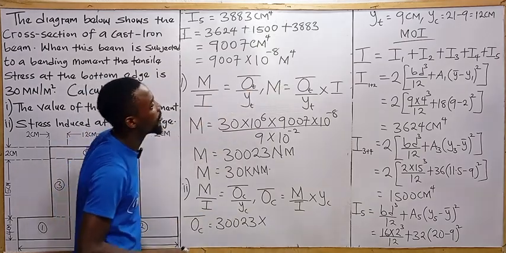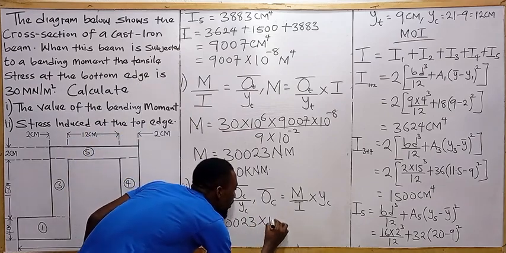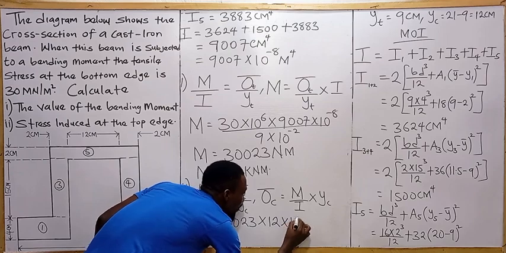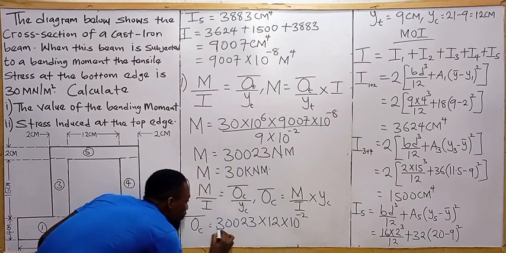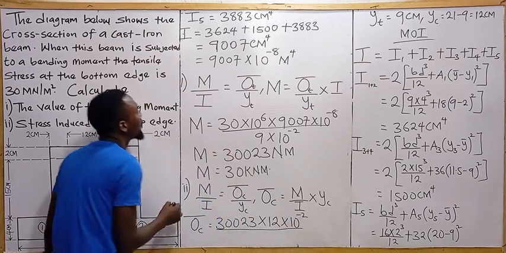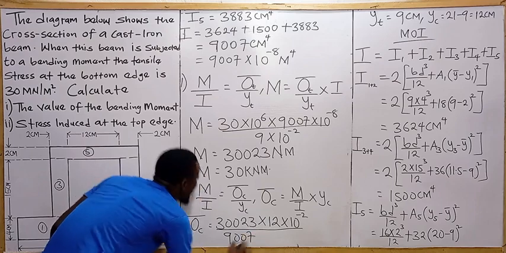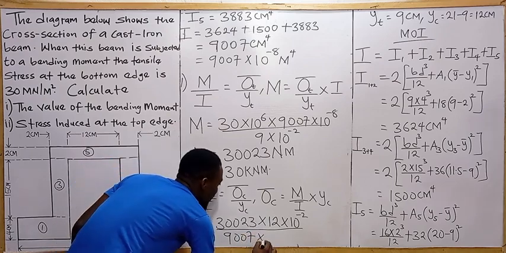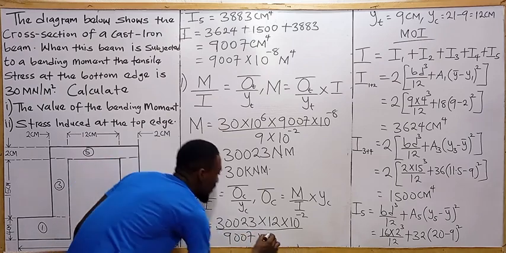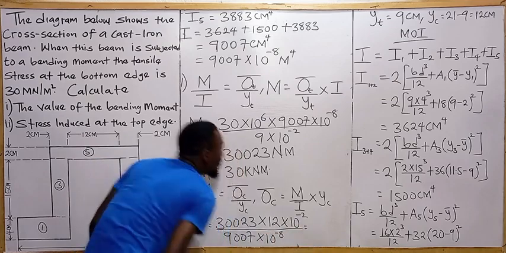Y compressive is 12 centimeters. So if you take it to meter, it's going to be multiplied by 10 to the power of minus 2, then divided by our moment of inertia, which is 9007 times 10 to the power of minus 8.